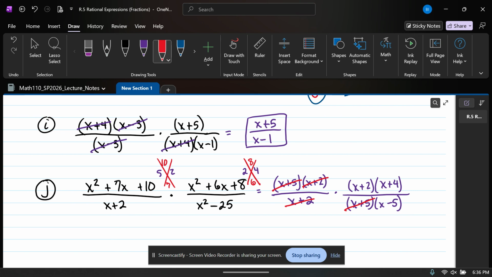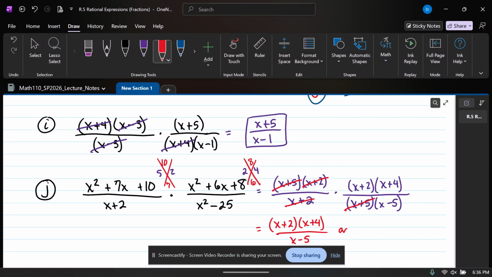Since I used up that x plus 2 here vertically, I can't cancel this one on the other fraction because I only get a one-to-one cancellation. Can't use it more than once. It burns it up, okay? So that's going to leave me x plus 2 times x plus 4 over x minus 5.